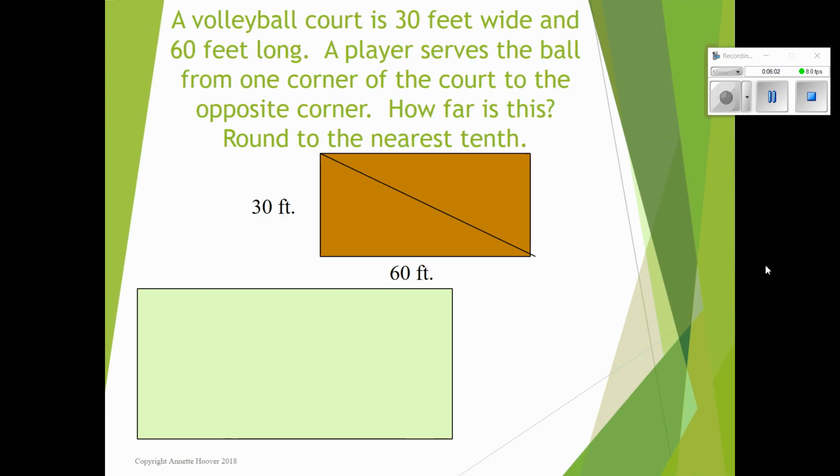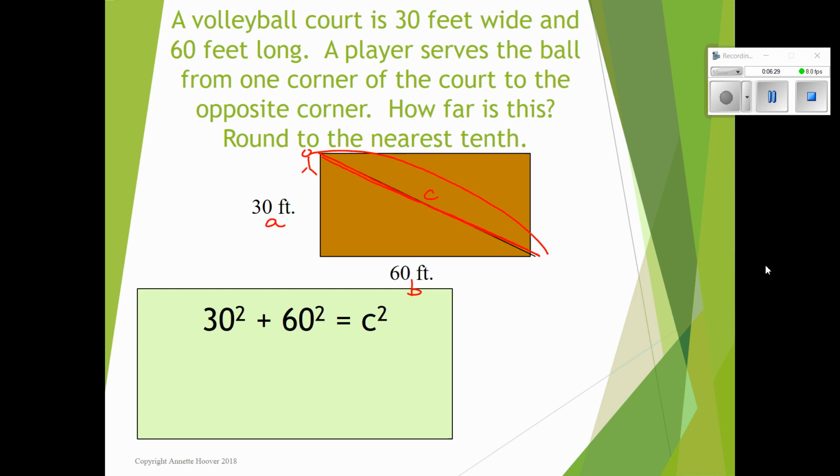So let's look at an example of this in the real world. A volleyball court is 30 feet wide and 60 feet long. A player is serving a ball from one corner, here's the person, serving the ball to the other corner. How far is this? Well, if you look here and you have a rectangle and you want to know the distance from one corner of the rectangle to the other, we have created a triangle with two legs. So here's our legs, A and B, and we're looking for the hypotenuse.